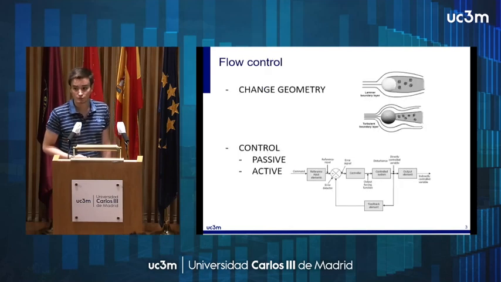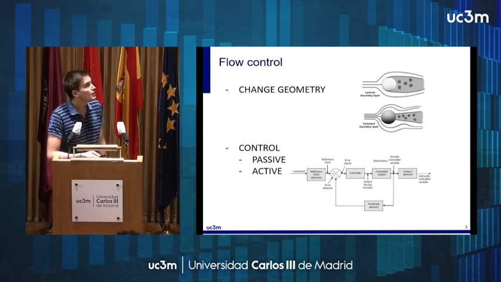How can we do flow control? We can start from something as simple as proposed changes on the geometry, or not even on the geometry, but changes on the roughness of the surface. We have something more complex as passive control. And now we are trying to move towards something even more interesting, active control. It is more complex.